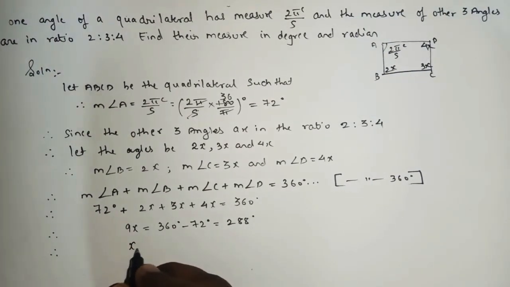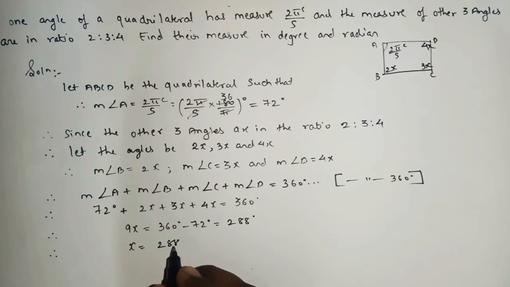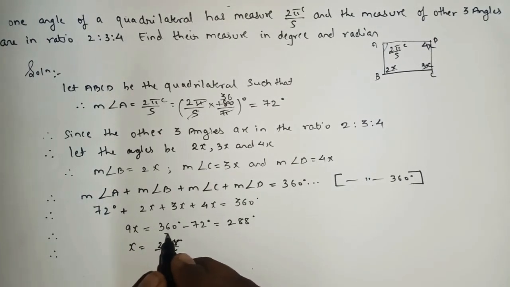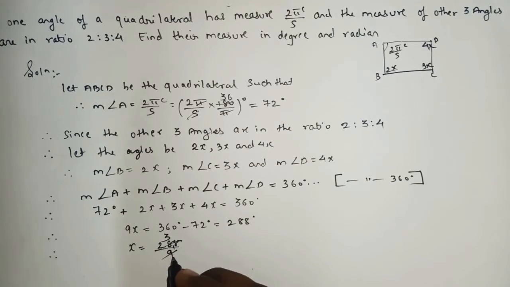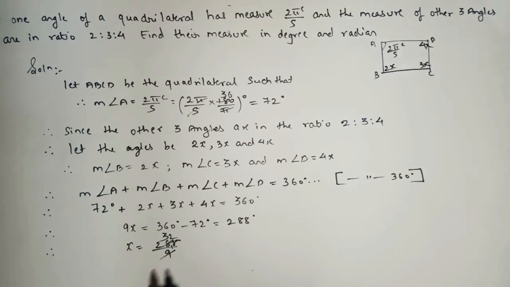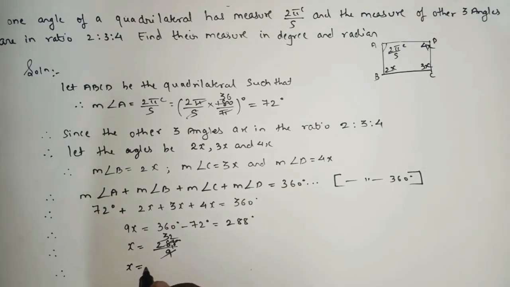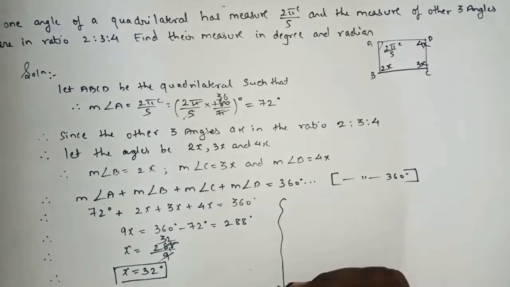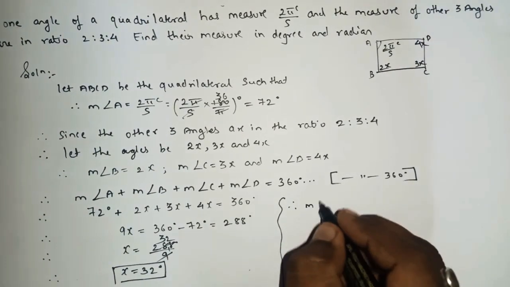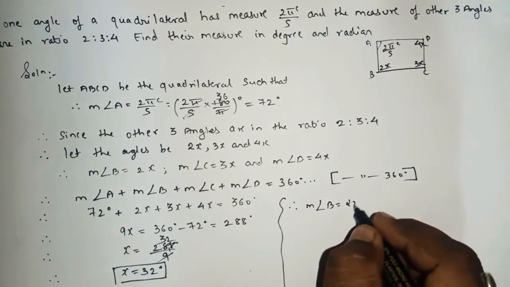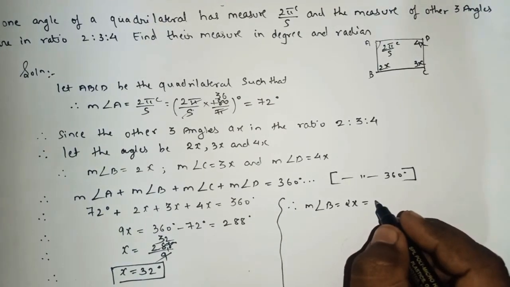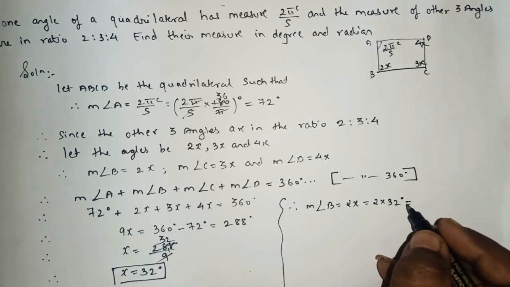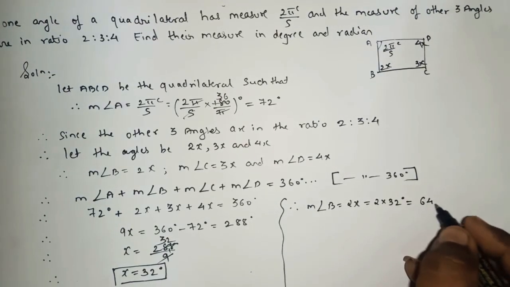So therefore x will be equal to 288 upon 9. So 9 ones are 9, 9 threes are 27, one carry here, so 9 twos are 18, so here we are left with 32. So x will be 32 degree. Now in the next step, measure of angle B is 2x, so this will be 2 into 32, which is 64 degree.